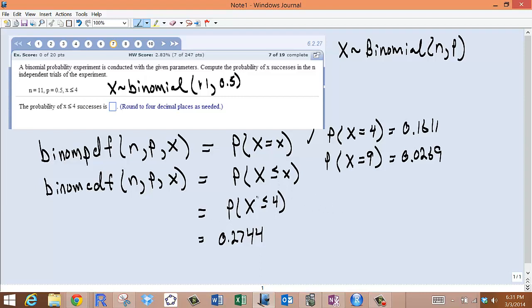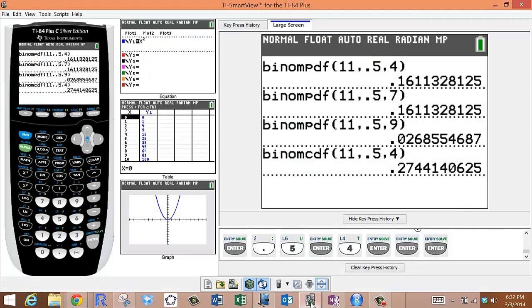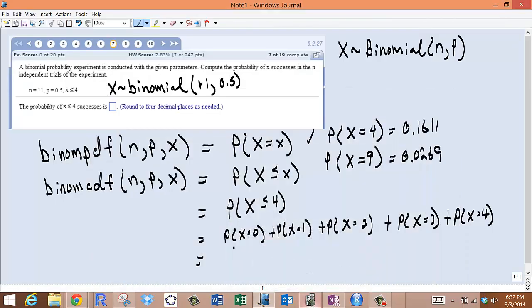So if you were to write this out, this would really be like the probability that x is equal to 0 plus the probability x is equal to 1 plus the probability x is equal to 2 plus the probability x is equal to 3 plus the probability x is equal to 4. Okay, and then we get that value over here, 0.2744.